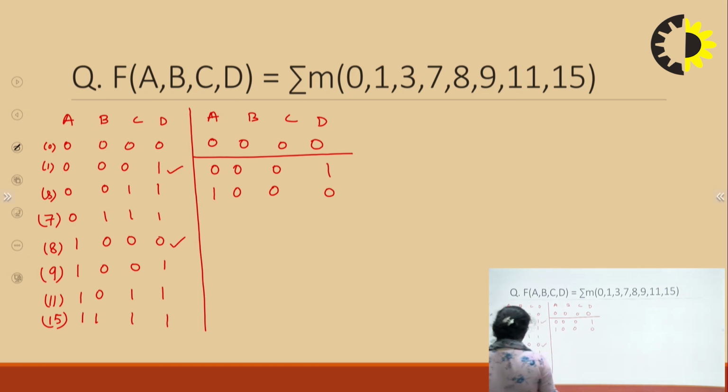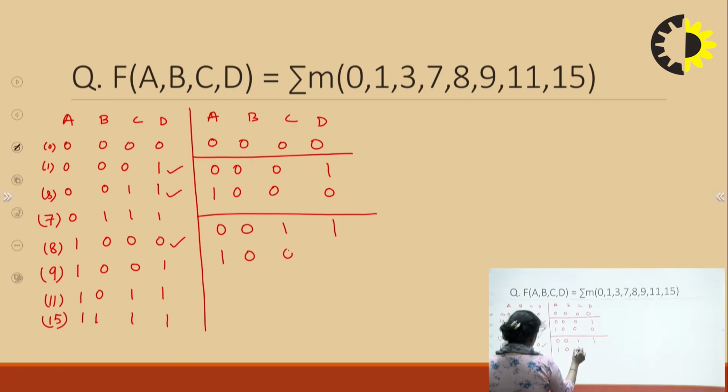Then the next step is to write the numbers which have two 1s. So we have 3. So you write 0, 0, 1, 1. Then 9 also has 2 ones. So you put 1, 0, 0, 1.